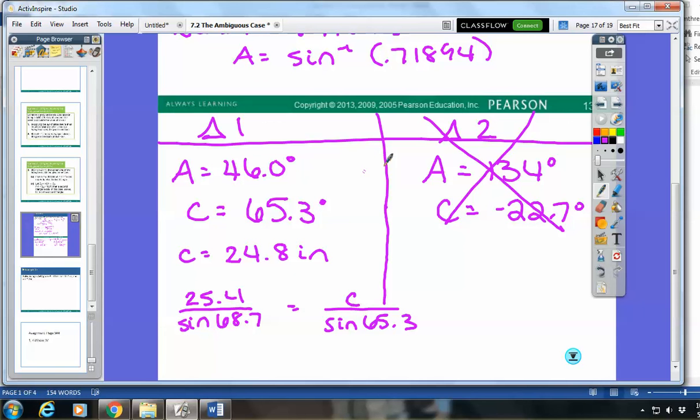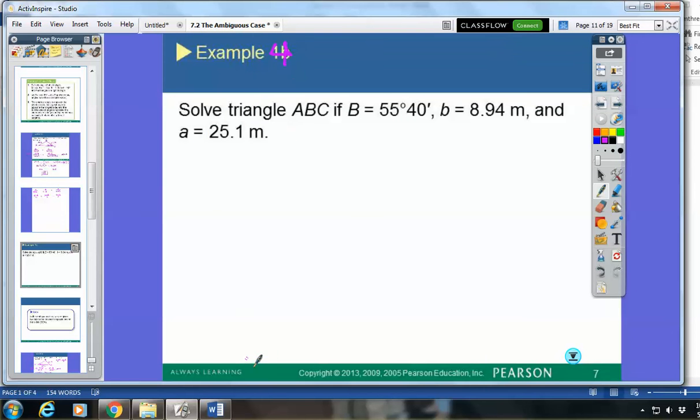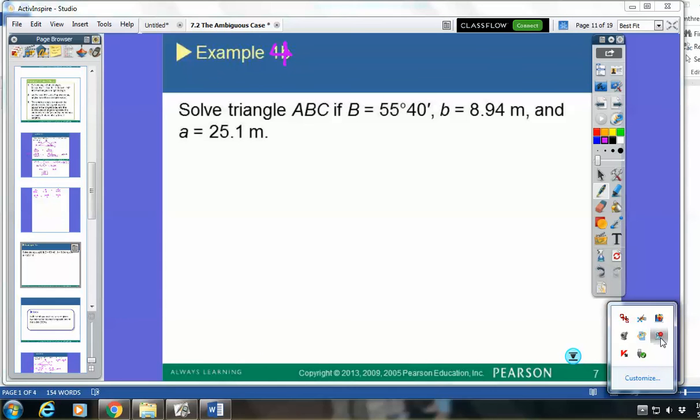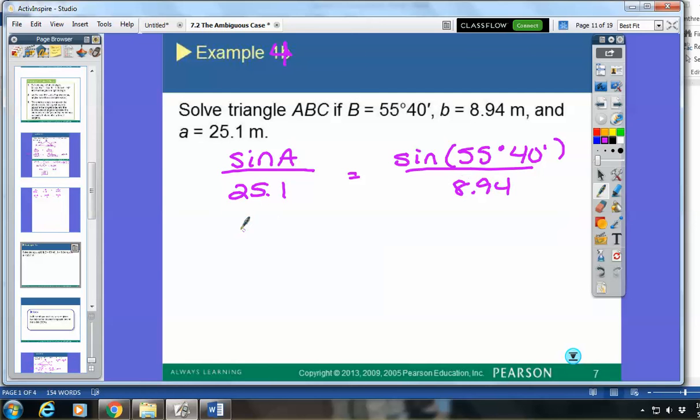So it's okay? You guys want to try some on your own now? Why don't you guys do this? So we're looking for an angle, angle A, so we would do sine A over 25.1 equals sine 55 degrees, 40 minutes over 8.94.